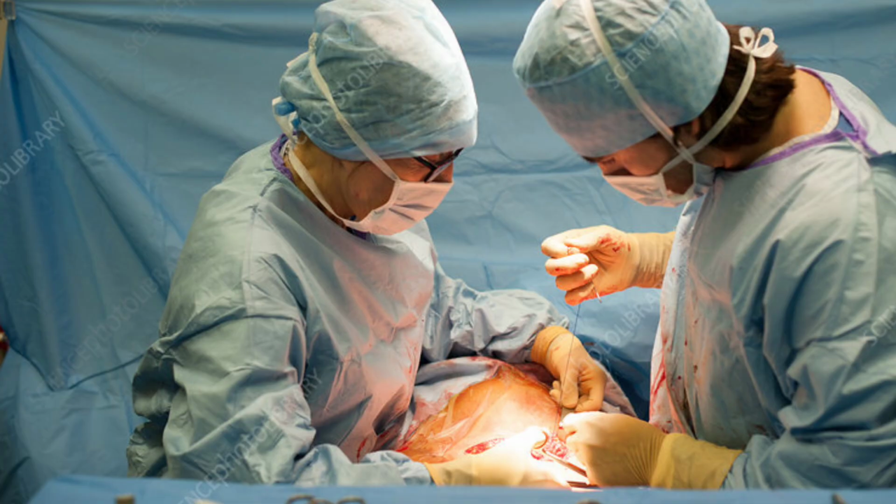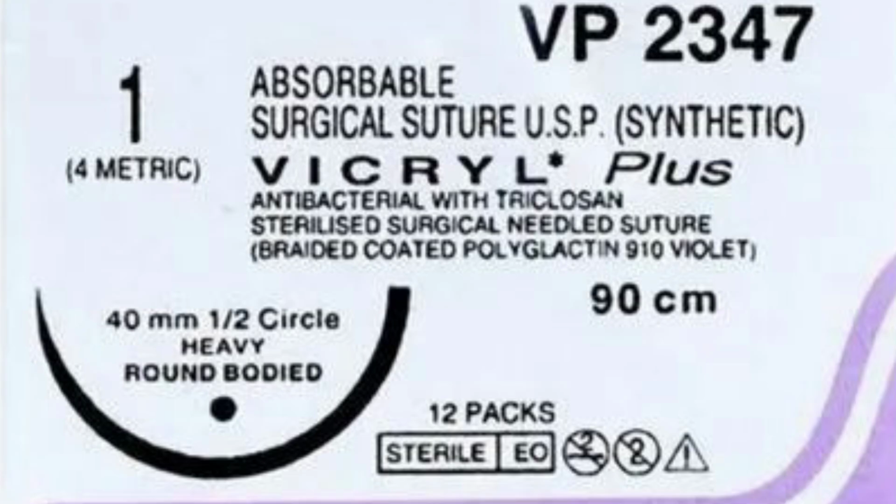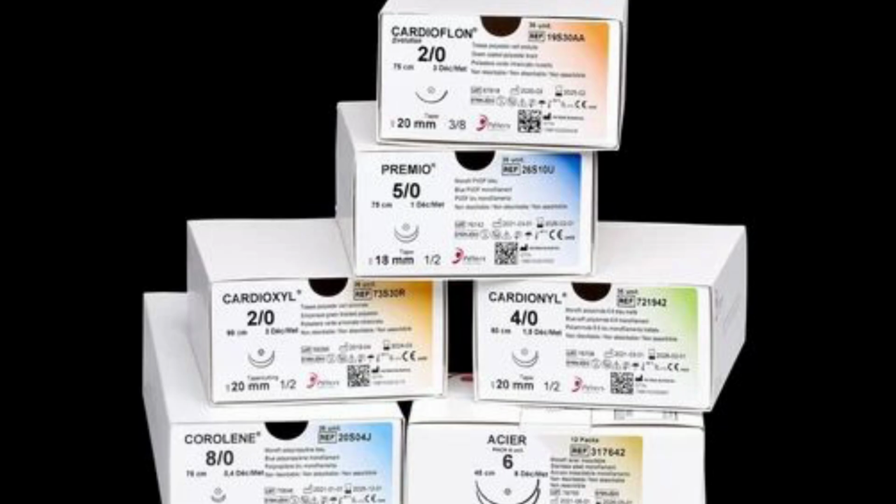For rectus sheath closing, we use Allis forceps, holding the edges of the sheath. For that, we use 1 vicryl. This is an absorbable suture material. Then they will close the muscle. Here also some doctors use vicryl, some use chromic. According to their practice, they use the vicryl or chromic catgut suture.